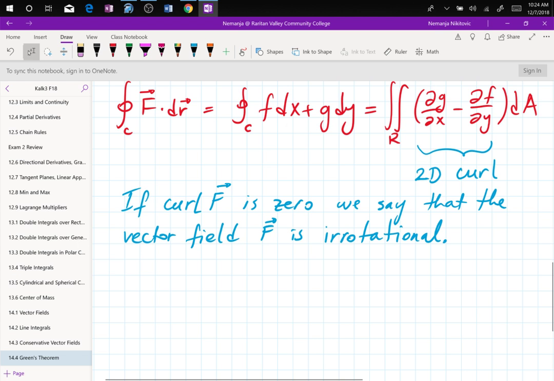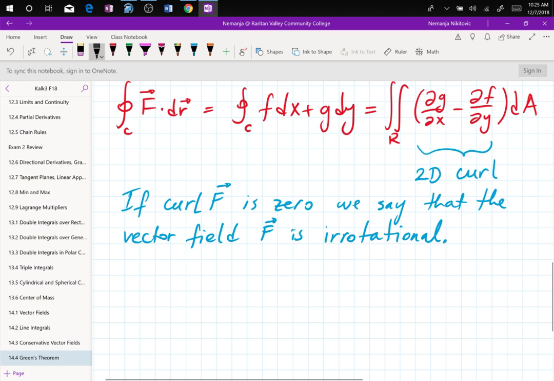What does it mean, irrotational? No spin, yep. Good. So, do we remember that our rotational field should give us a nonzero value? Do we all remember that?